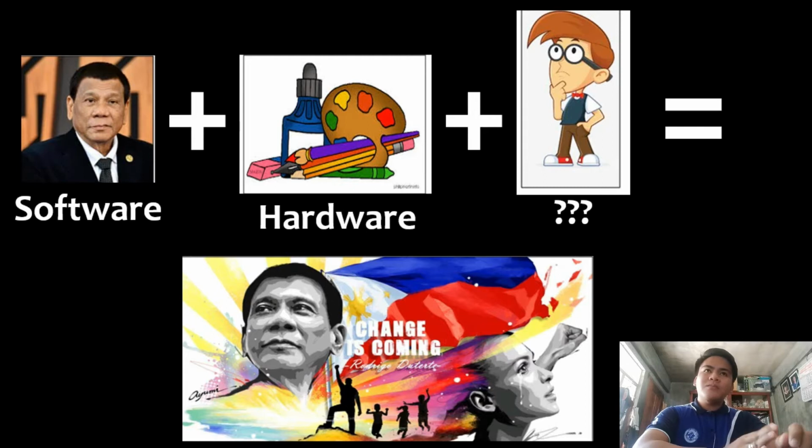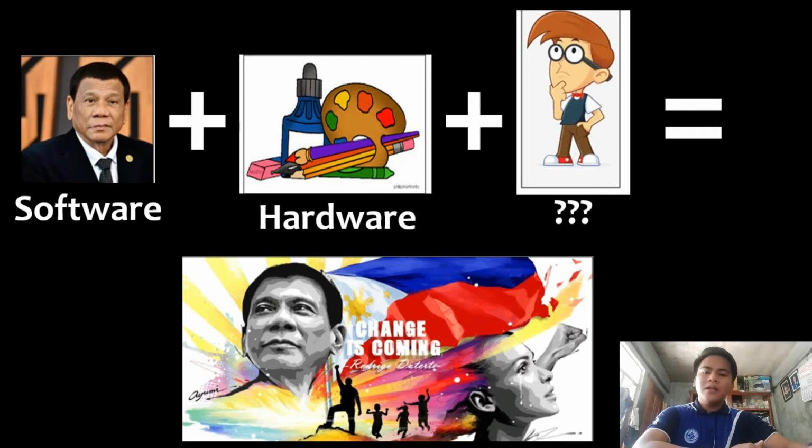Reminder that the category of Mr. Michael is the most important component of a computer in order for the computer to produce a wonderful output. So we have software, hardware, and Mr. Michael. But how are we going to categorize Mr. Michael? That is in connection with our lesson for today.